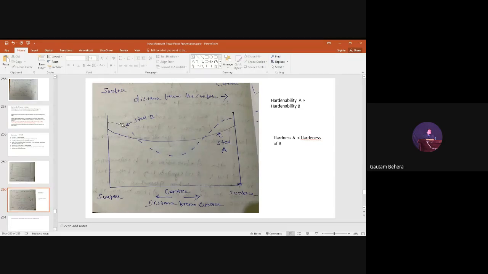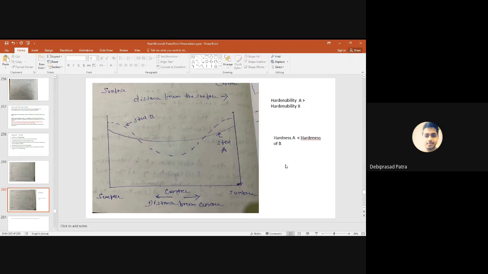That means martensite is forming up to a certain depth, but below this it is pearlite, right? Again at this surface, it is martensite. So as I told, hardenability means how easily the steel forms martensite, but that martensite should form everywhere throughout the cross section of the steel. It is not that martensite forms at the surface only and not at the core or center. I think your doubt is clear now.